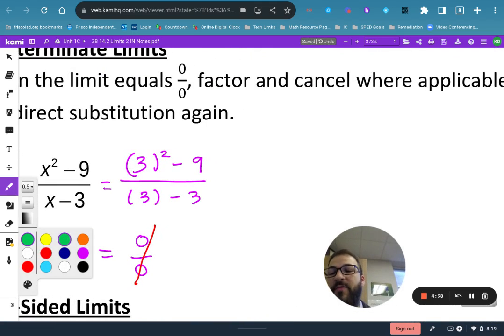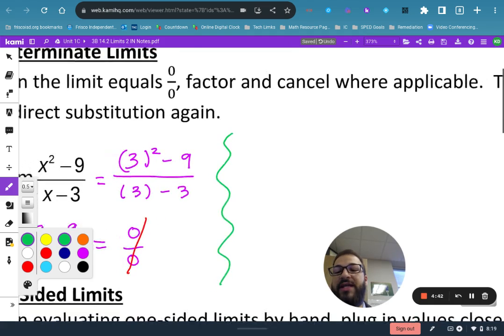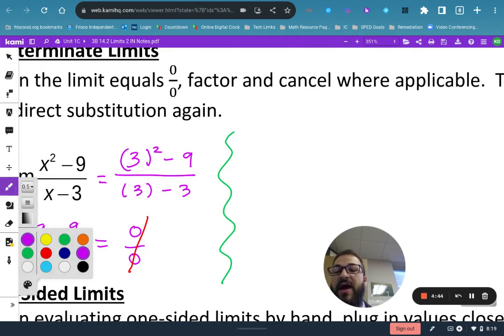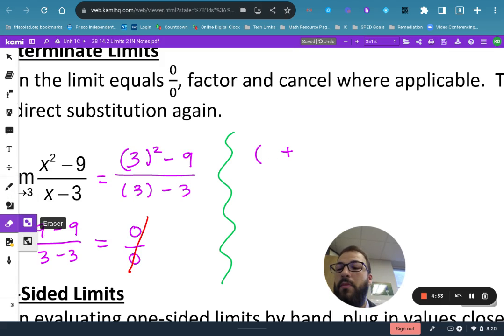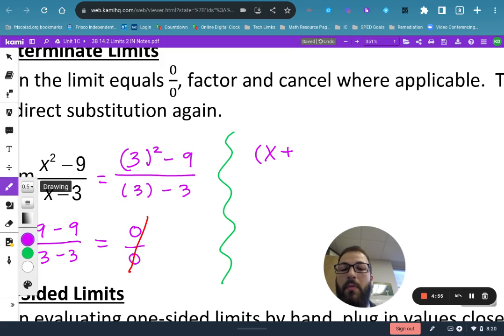Okay, so that means we have to come over here, and we're going to see if we can factor and cancel anything. So we can factor x squared minus 9 into x plus 3 times x minus 3. And then we still have x minus 3 on the bottom.